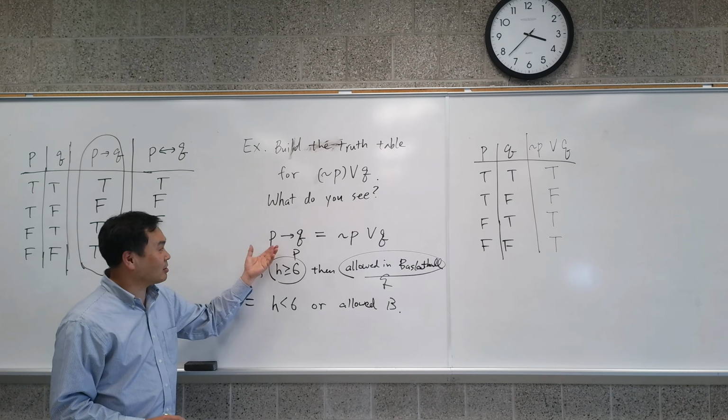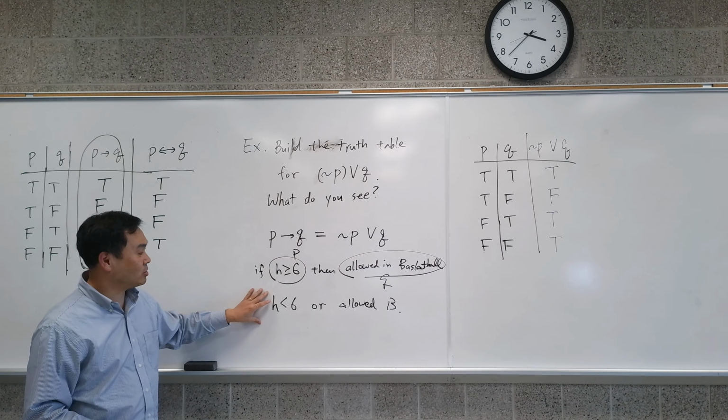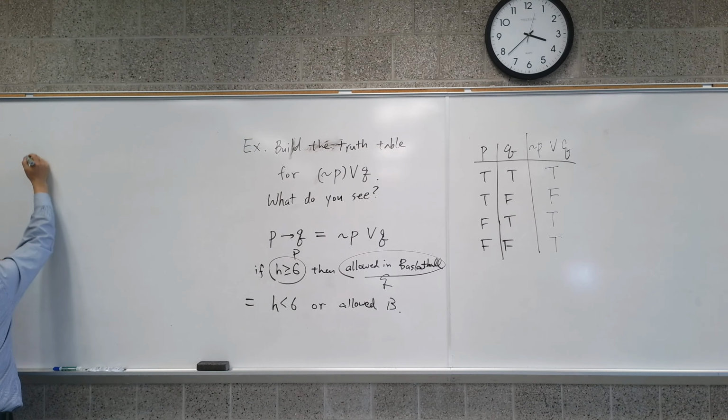So you can see that this statement allows you to rephrase an if statement into another statement that doesn't use the if. But there's another use for this. Knowing this allows one to take the opposite. Here's an observation.